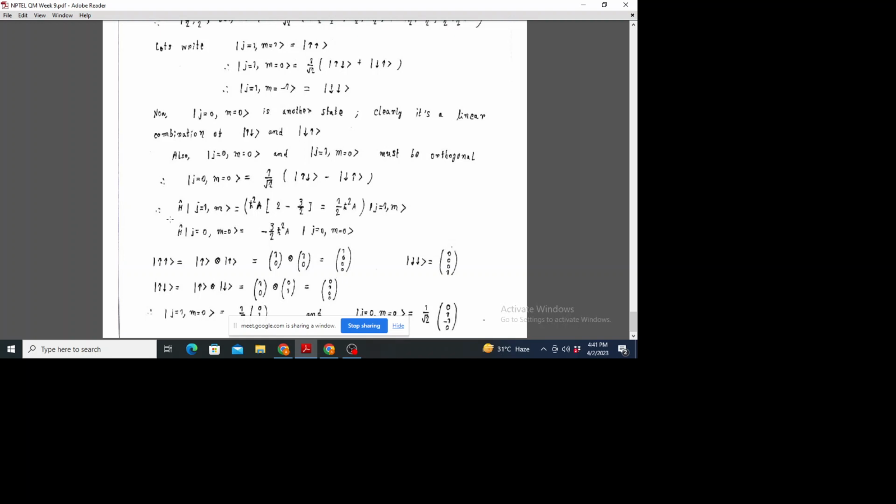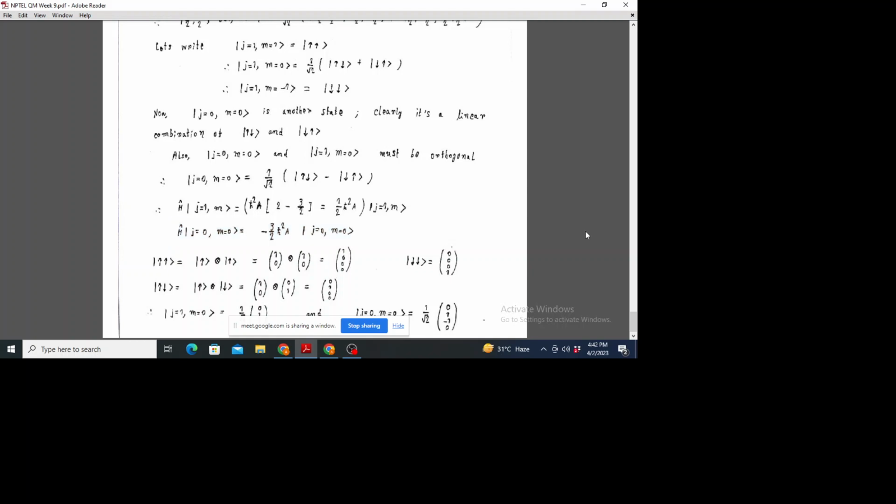And similarly, J equal to 0, m equal to 0 corresponds to minus 3 by 2 h cut square a energy eigenvalue. So that means your half h cut square a energy level is 3-fold degenerate.